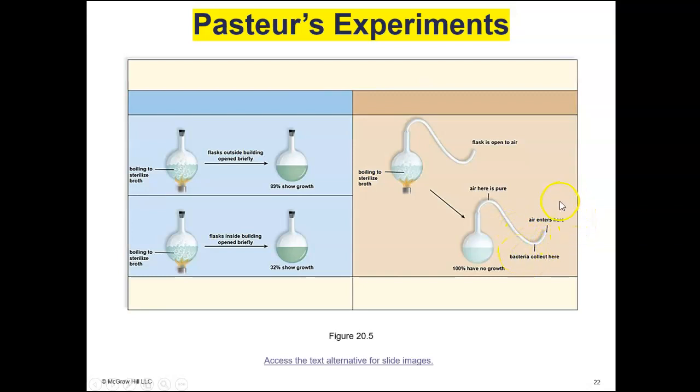So what happens is, there's no picture. Okay, so air still enters this open neck, but the bacteria from the air collect here in this depression, and they don't travel up the neck.